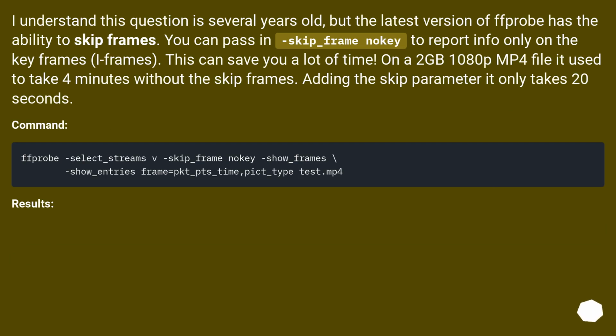I understand this question is several years old, but the latest version of ffprobe has the ability to skip frames. You can pass in -skip_frame nokey to report info only on the keyframes, I-frames. This can save you a lot of time. On a 2GB 1080p MP4 file it used to take 4 minutes without the skip frames. Adding the skip parameter, it only takes 20 seconds. Command.